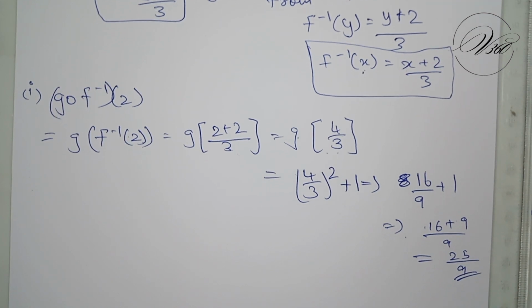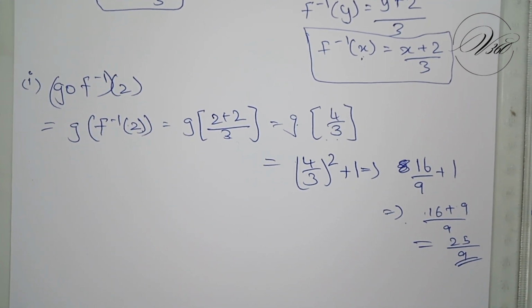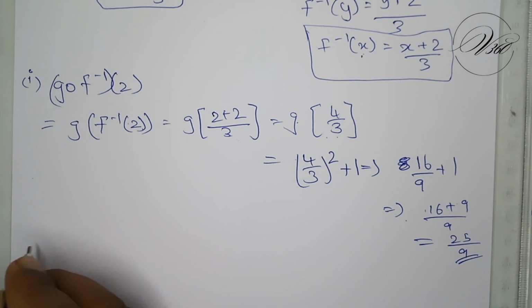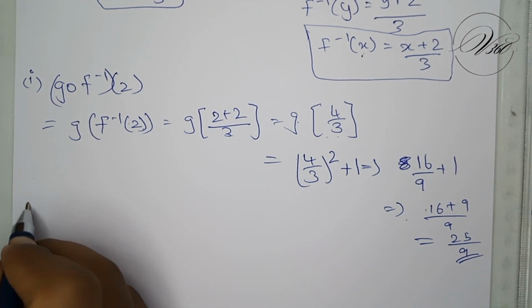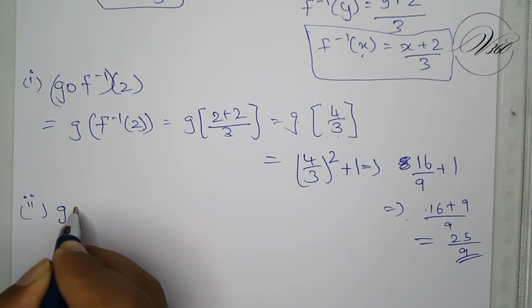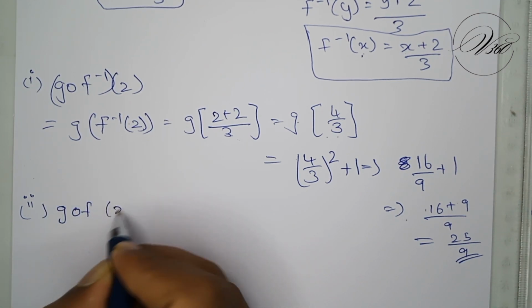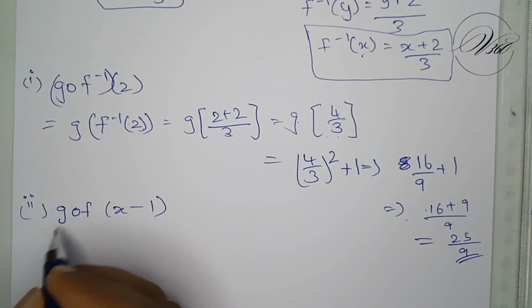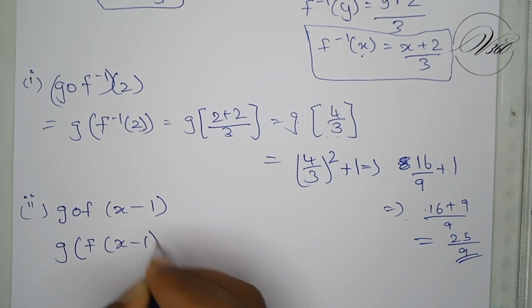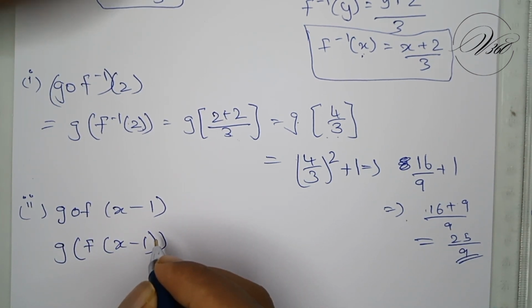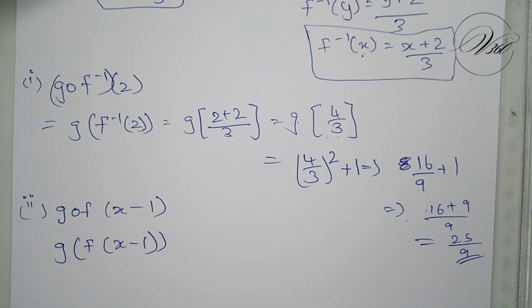Now we will solve g of f of x minus 1. Okay, from here I will solve the second bit, g of f of x minus 1. What is f of x? f of x is 3x minus 2.